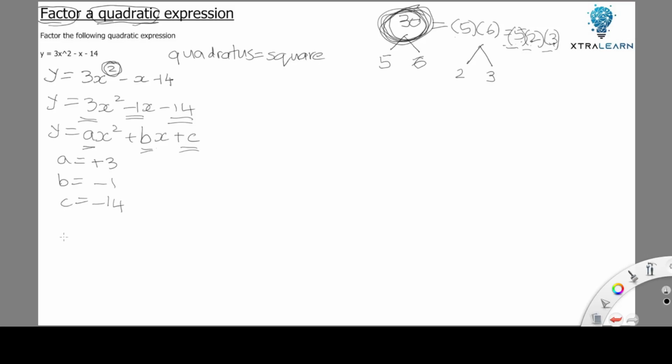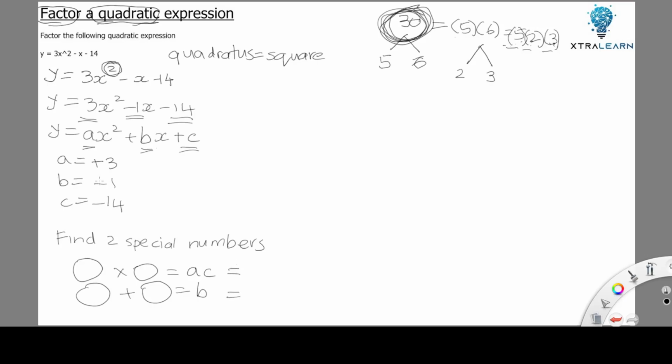And here's what you have to do. You have to find two special magic numbers. And those two numbers have to multiply to give you what a times c is, and they have to add to give you the number b.